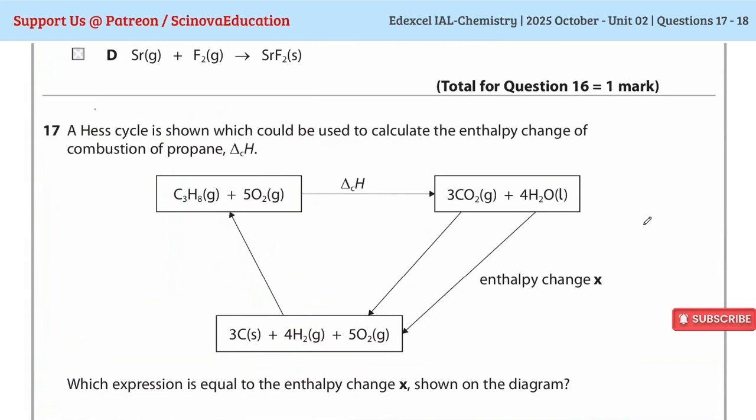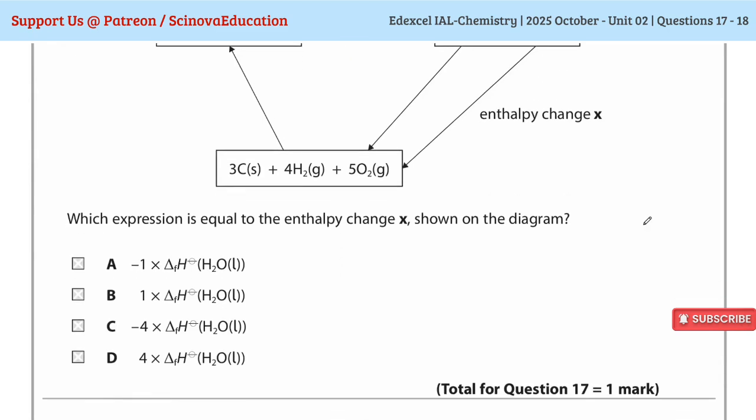Edexcel IAL Chemistry 2025 October Unit 2 Question 17. A Hess cycle is shown which could be used to calculate the enthalpy change of combustion of propane. Which expression is equal to the enthalpy change X shown on the diagram?